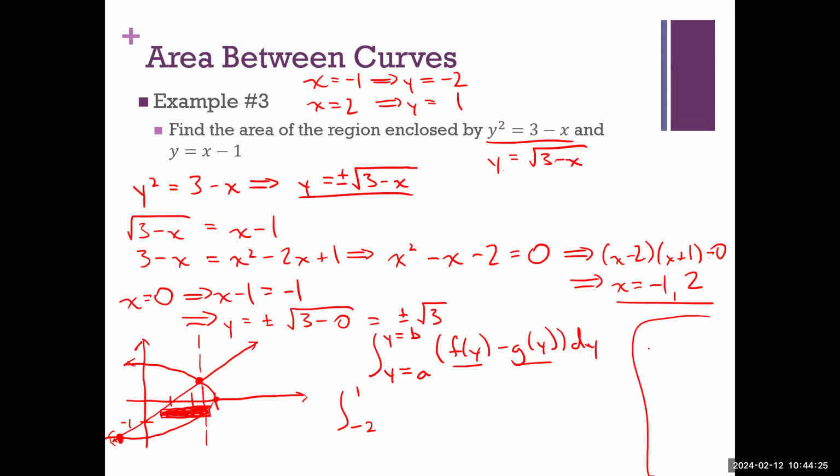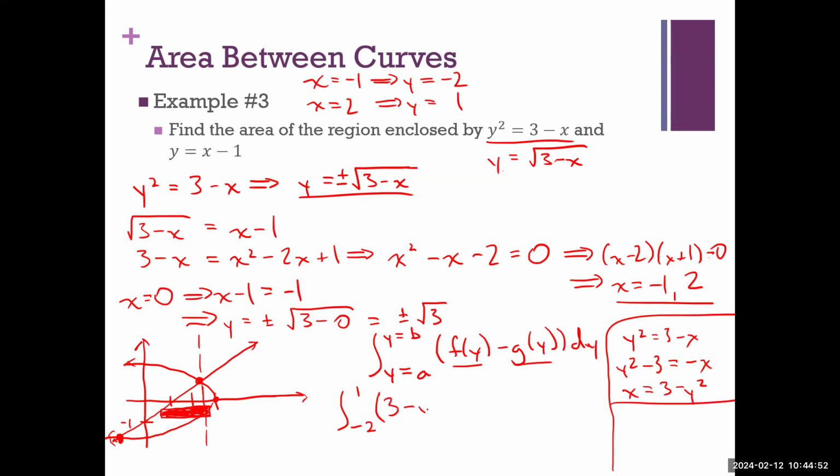So let me carve out a little corner here. y squared equals 3 minus x, or y squared minus 3 equals -x, and then x equals 3 minus y squared. So that's my greater function, 3 minus y squared. What's the lesser function? That should be y plus 1.